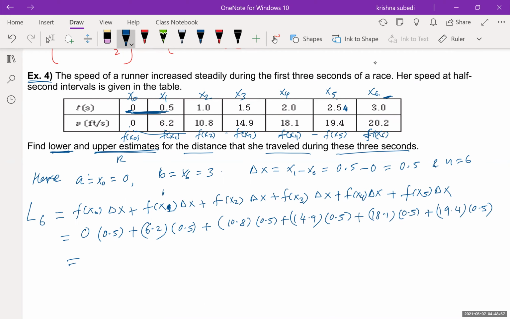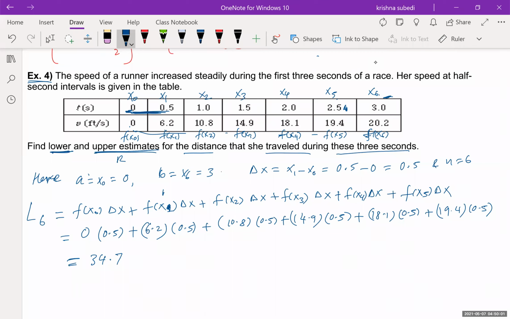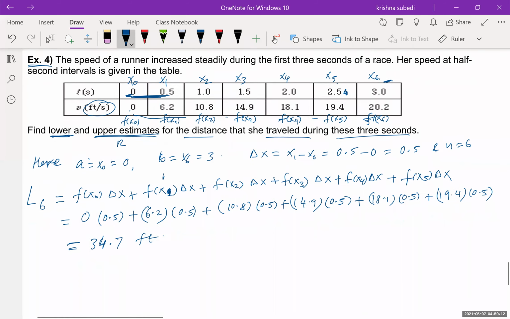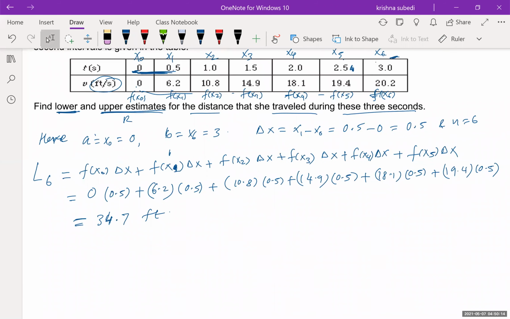And let me know what is the value. So if you calculate this, you will get 34.7, and since the unit here is feet, then that will be 34.7 feet. This is our lower estimate.